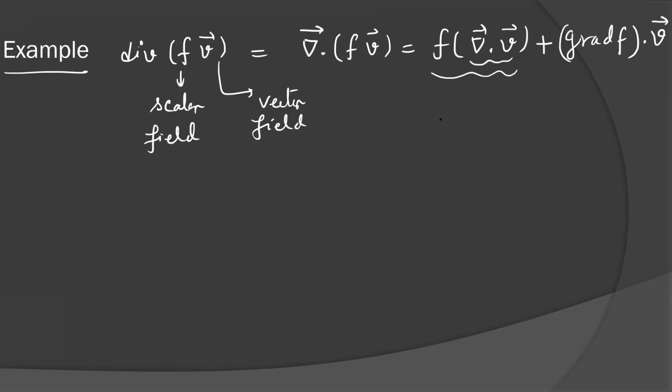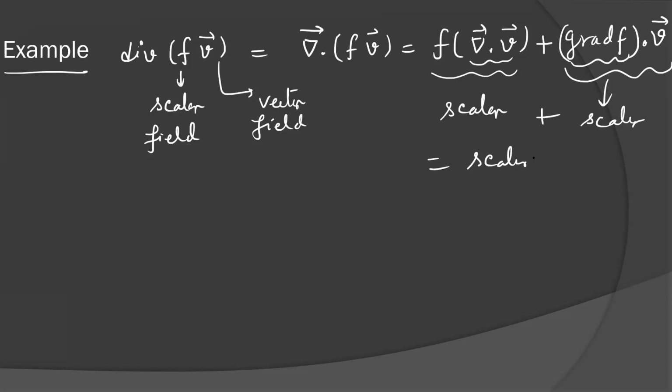This value is also a scalar, and here you will get a vector, but if you do the dot product with a vector again, the total value is a scalar. So ultimately the output is a scalar value. You can simply prove it by substituting F equal to F(x,y,z) and V equal to V1 i plus V2 j plus V3 k, and you can prove this result.